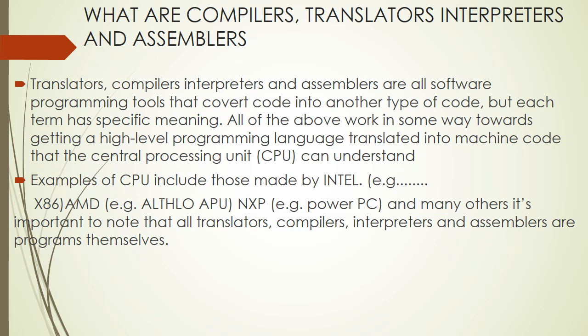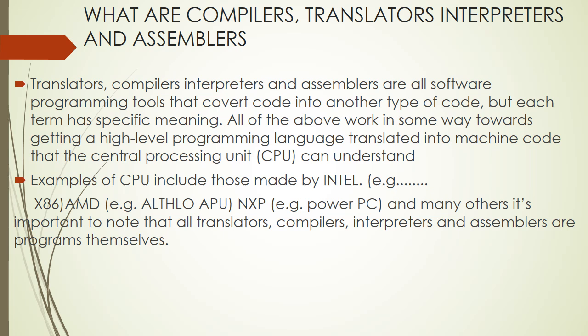Examples of CPUs include those made by Intel, such as x86 and ARM. x86 is a computer architecture for the central processing unit.